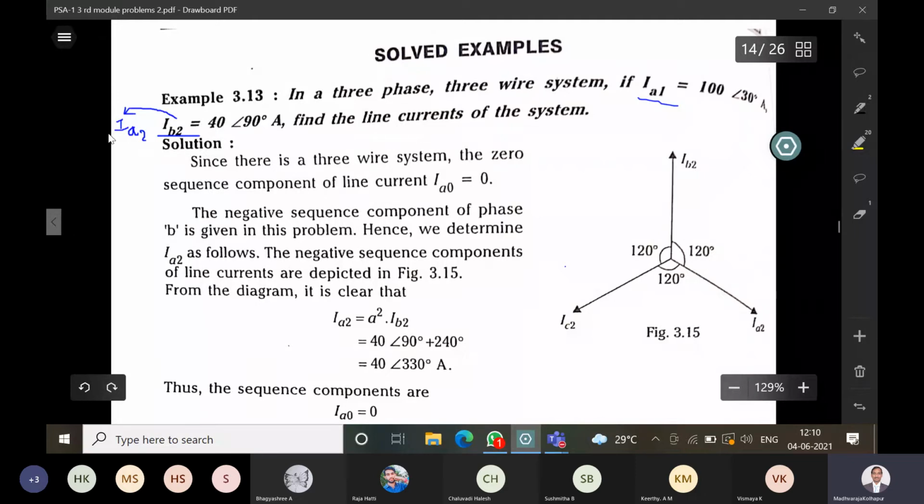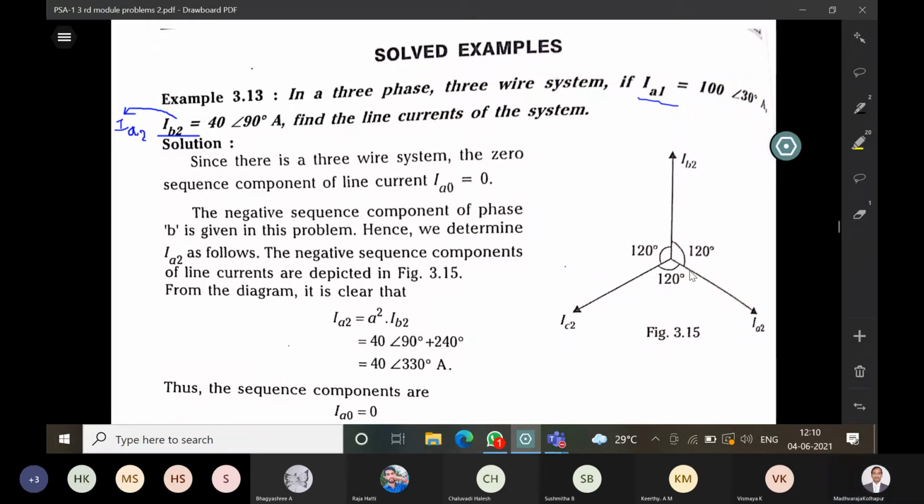So general phasors are IA2, IB2, IC2. We want IA2 in terms of IB2. From IA2 to IB2, how much is it? 240 degree, right?